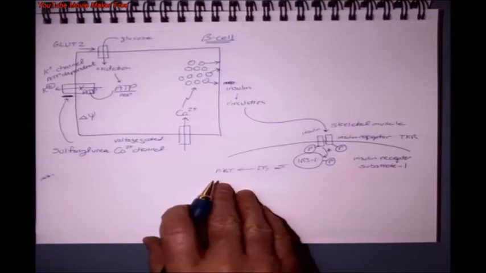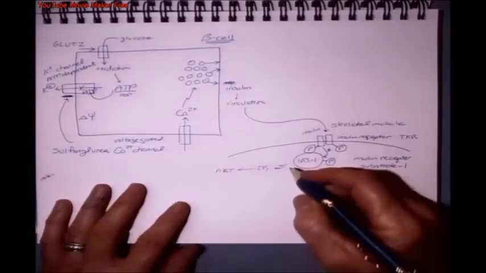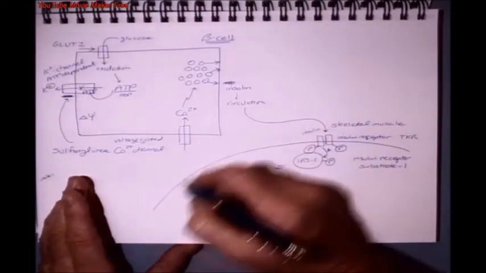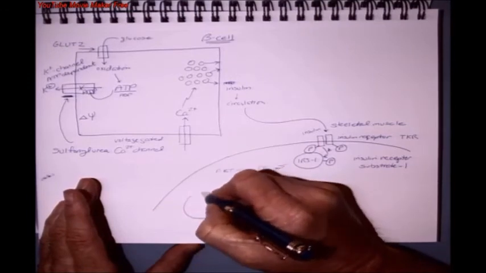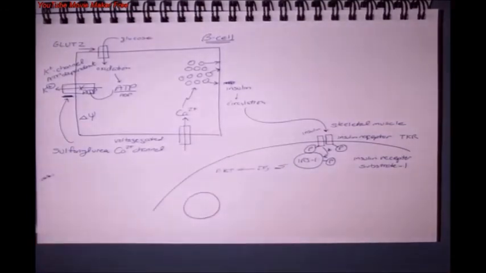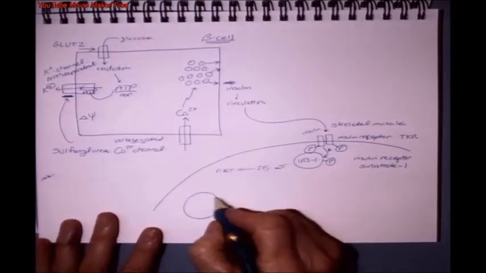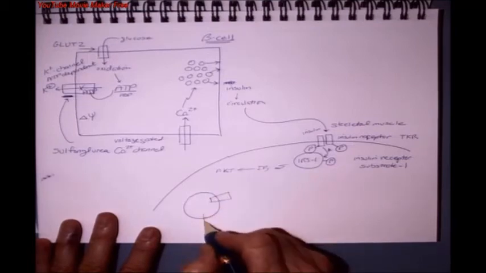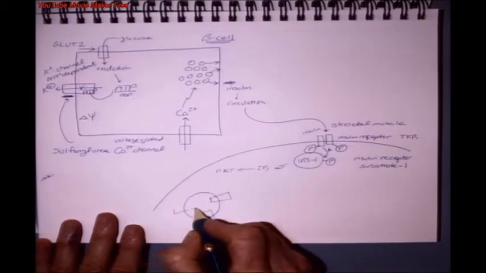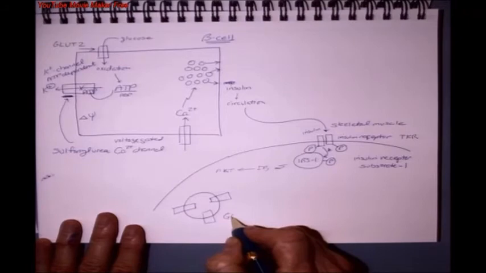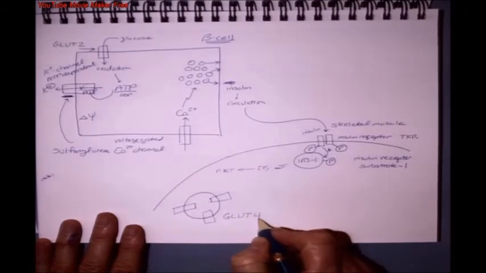So what's this signal doing? This signal is taking intracellular vesicles in skeletal muscle cells that have another glucose transporter. This is glucose transporter 4.